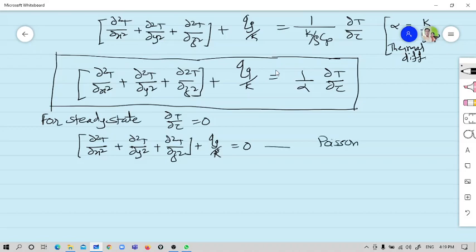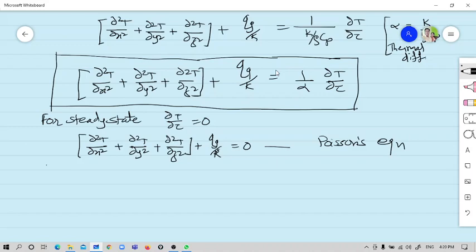Now, there are some materials in which there is no heat generation. Heat generation is there only in case of higher atomic numbers or if some current is flowing through the material. Only in special cases. Let us assume that there is no heat generation, then this qg also will be 0 and you will be left with only these three terms.